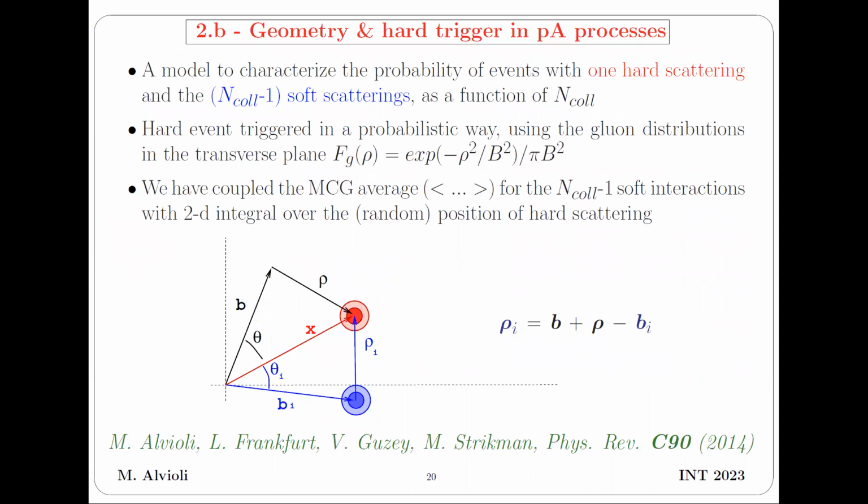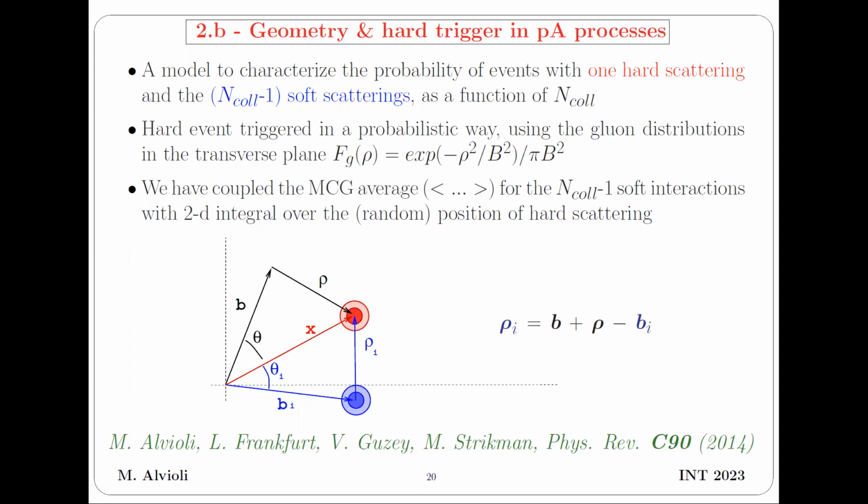One other thing we implemented in a few papers was a mechanism to describe hard scattering in the pA process. We developed a model to characterize the probability of events with a single hard scattering and n minus 1 soft scatterings as a function of the number of collisions.